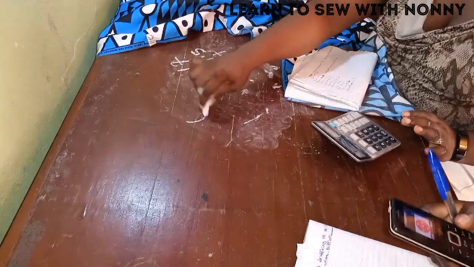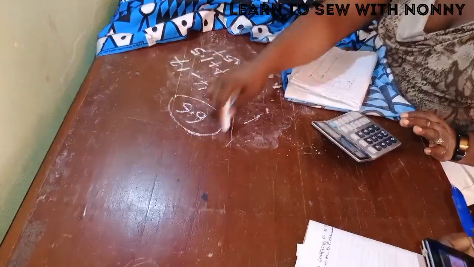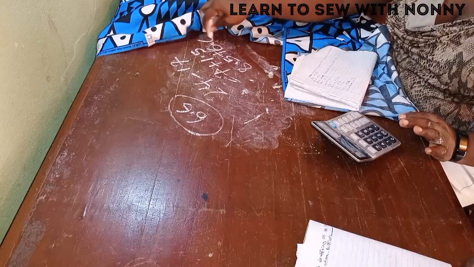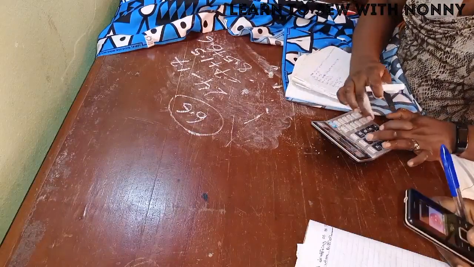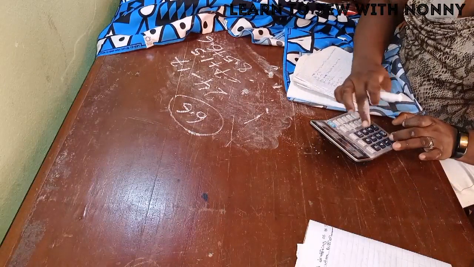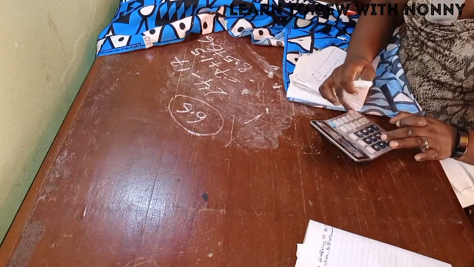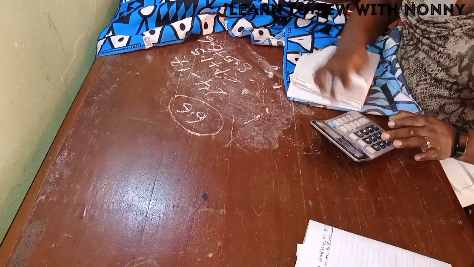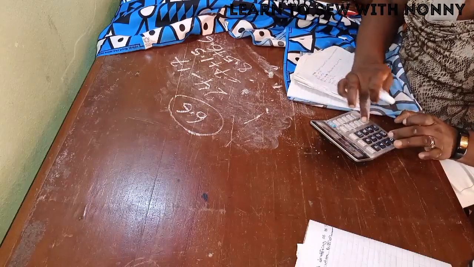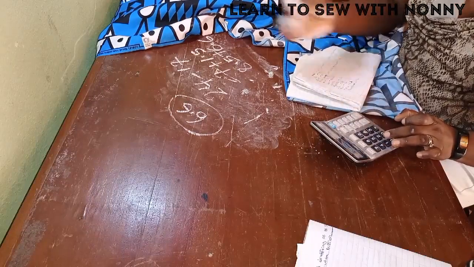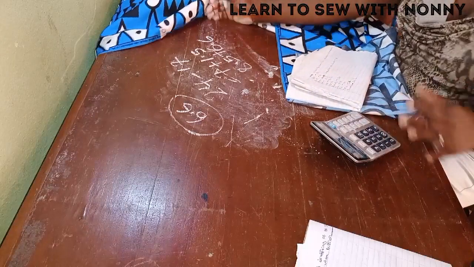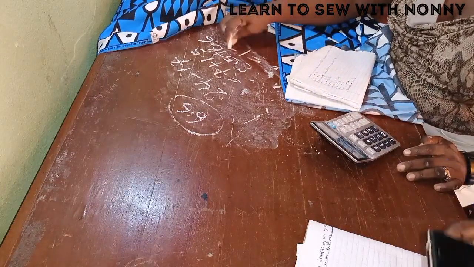Now we have two figures, 6.6 and 8.5. So we'll be adding 6.6 and 8.5 to get the length and the width of the fabric we're going to be cutting out for the peplum. Doing this calculation helps you to minimize your fabric, to know the amount of fabric to cut out.